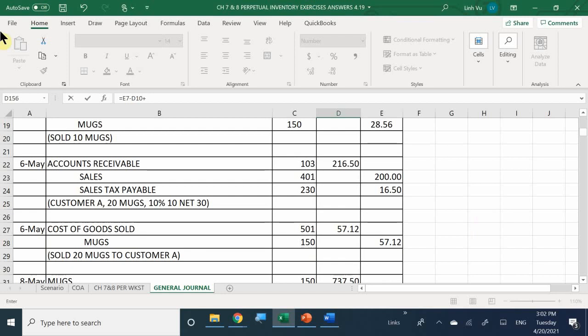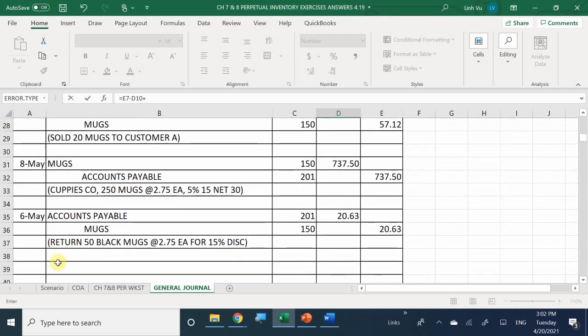Then on May 8th, we ended up buying more items to bring our bill back up, increased it by $737.50, but we ended up returning a total of $20.63.